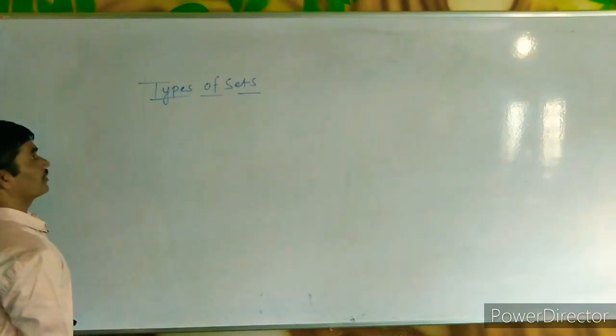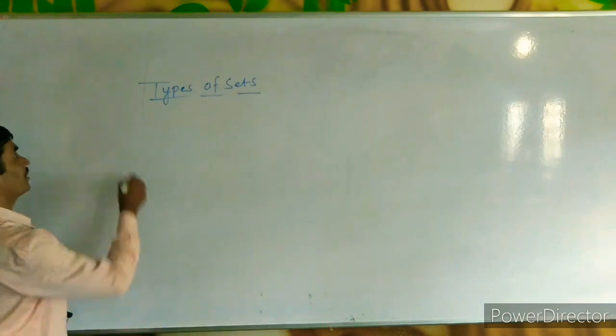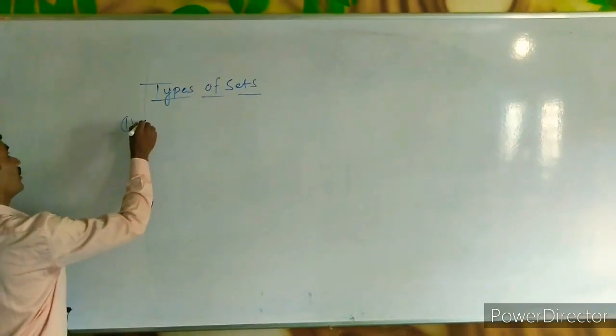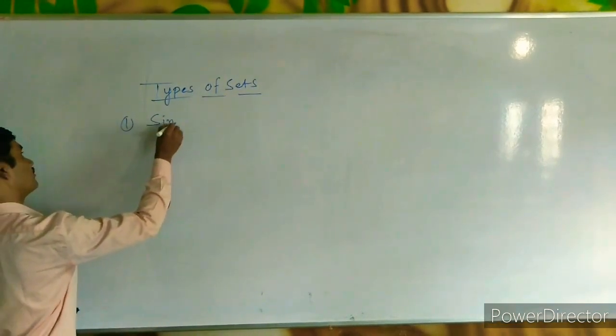Different types of sets. First type is singleton set.